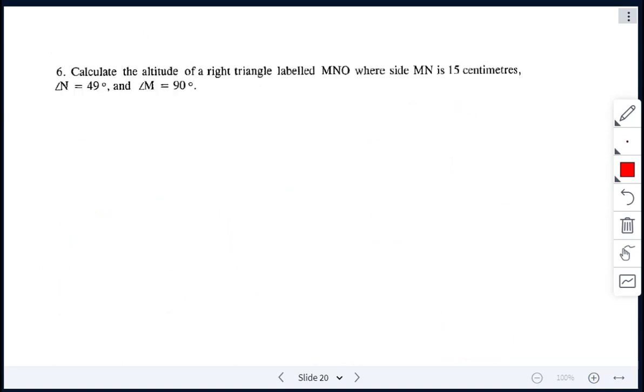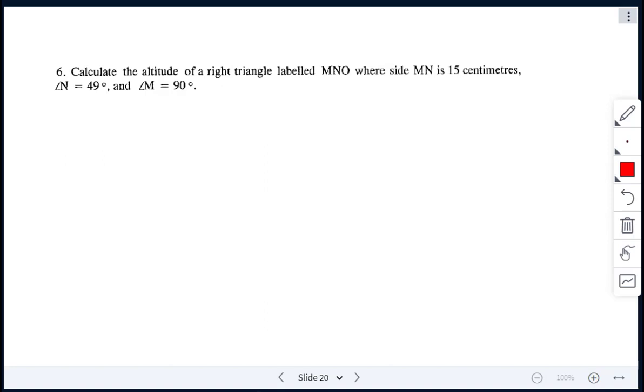Okay, our next example, number 6 from the module: calculate the altitude of a right triangle labeled MNO, where side MN is 15 centimeters, angle N is 49 degrees and angle M is the 90-degree angle.